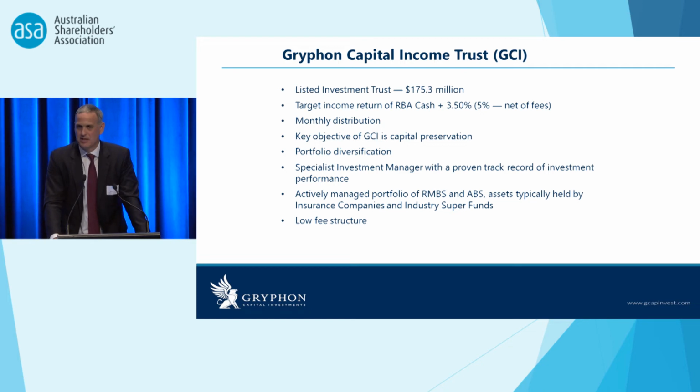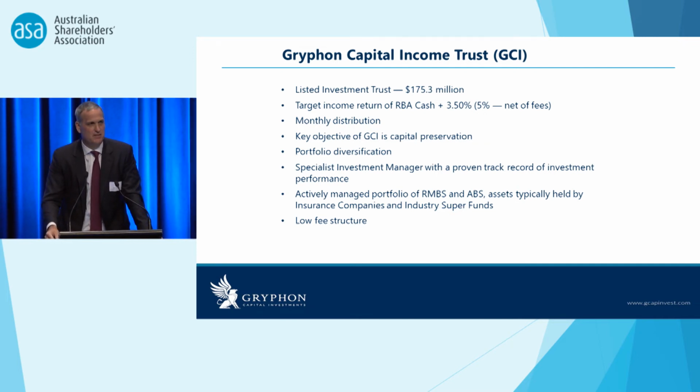The income, as we've discussed just briefly, is paid monthly. Now, what's really important, as we've discussed, is obviously that return of our capital. So within that, capital preservation has to be embedded into our DNA, okay, at Gryphon Capital.